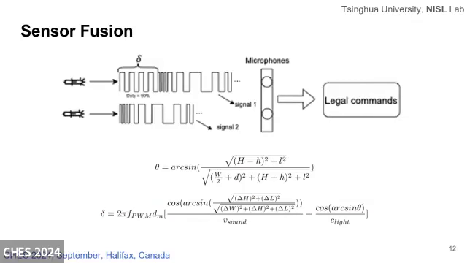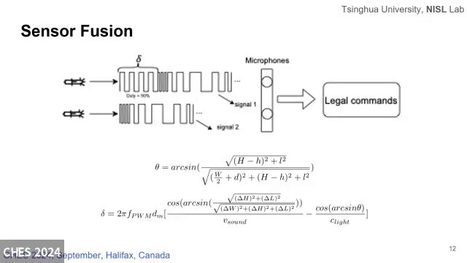To exploit this, we can deceive the voice control system by injecting 2 laser beams, as you can see, corresponding to the phase difference delta.